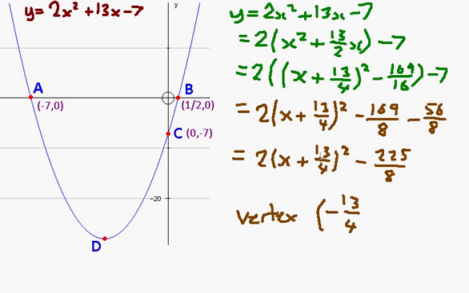So if this was a negative, then you would take the positive, of course. And the sign remains the same for the y coordinate of minus 225 over 8. So the x coordinate changes sign, the y coordinate stays the same. So just remember it that way.